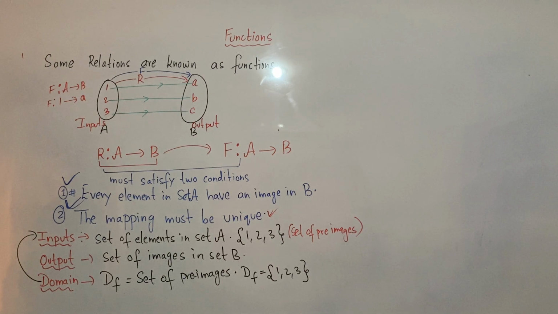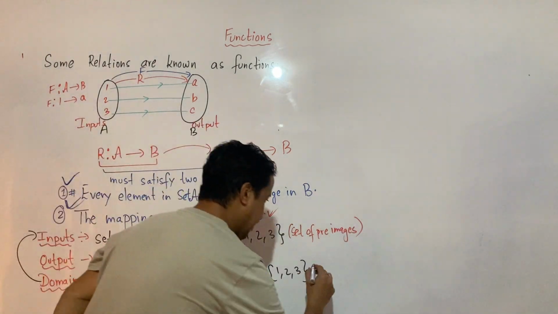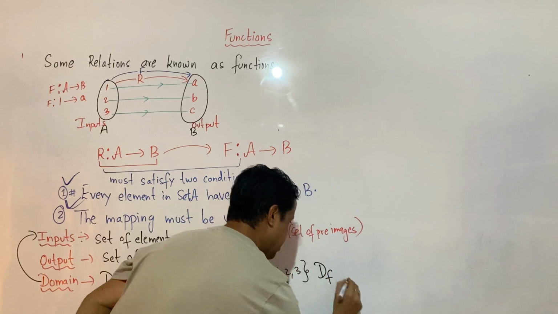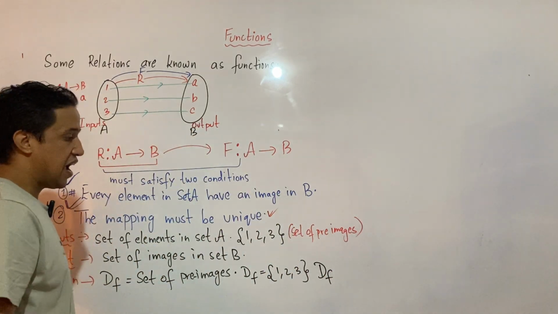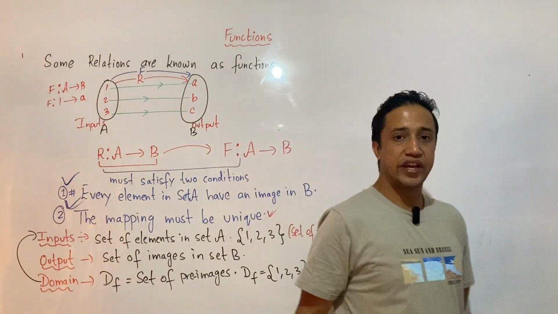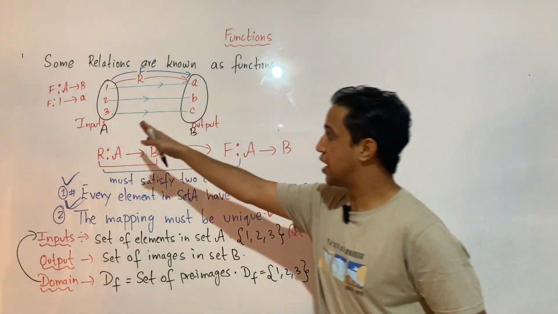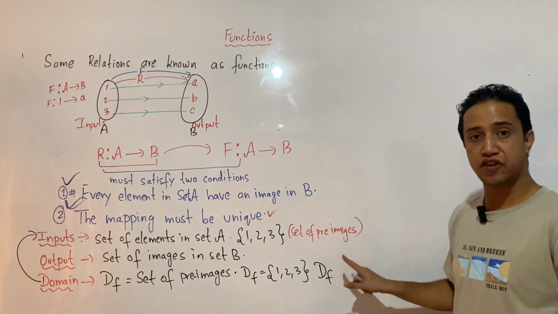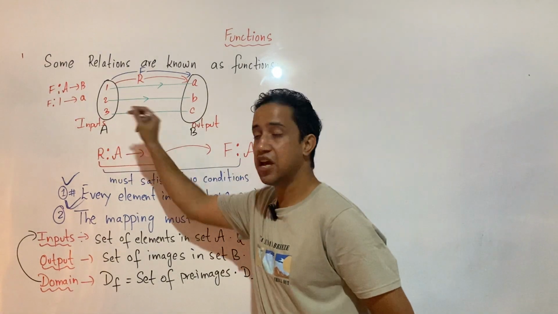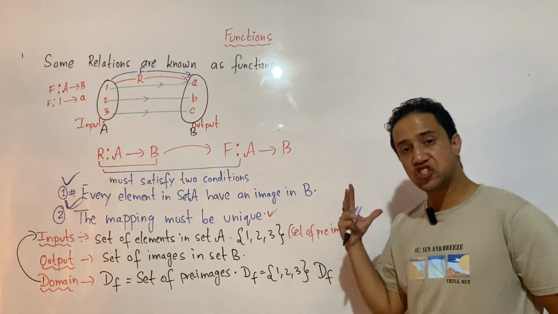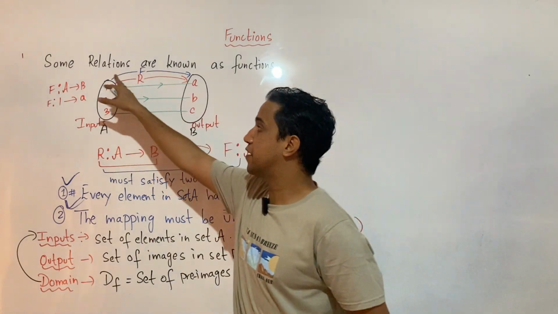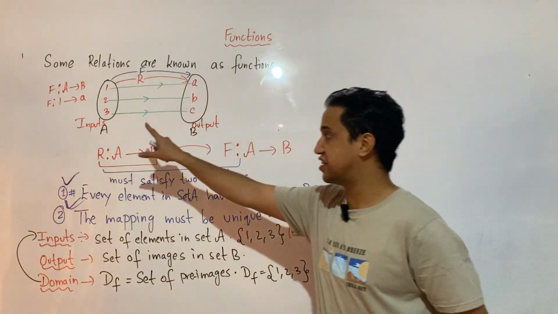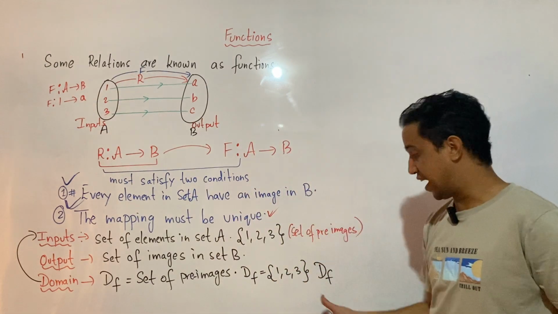Understand? So the domain of a function is always going to be your whole set A. It is not possible that some element in set A is missing from the domain.